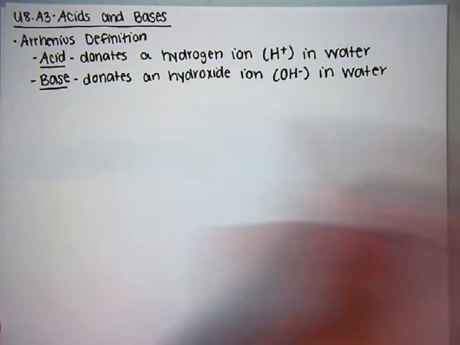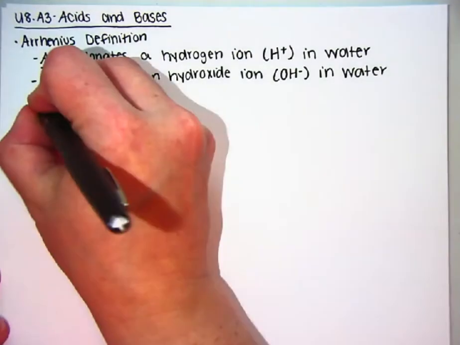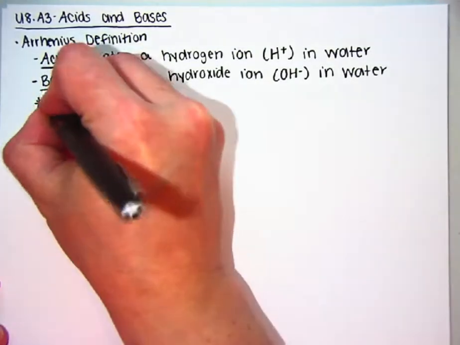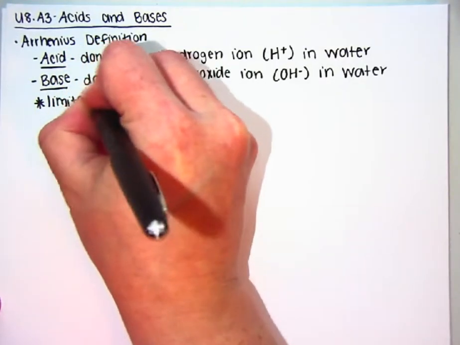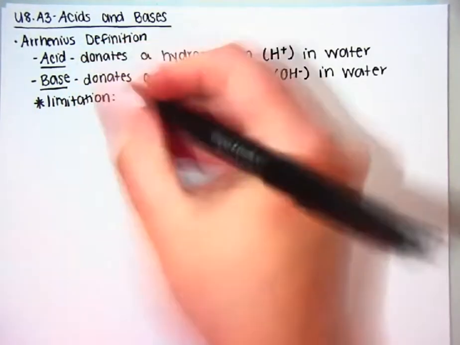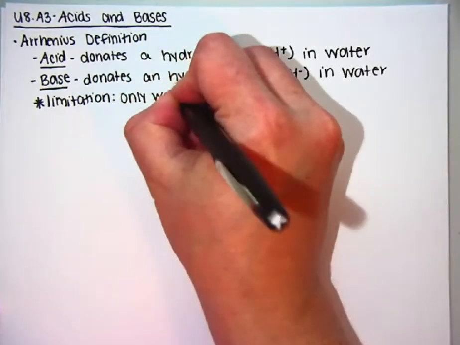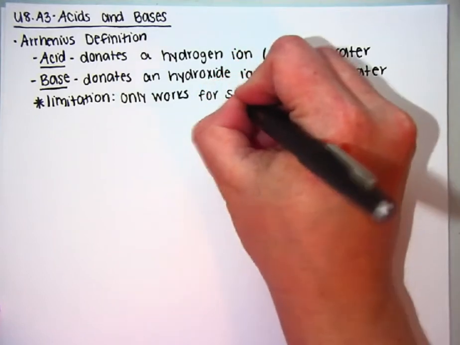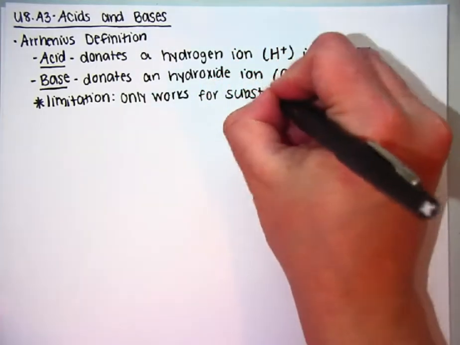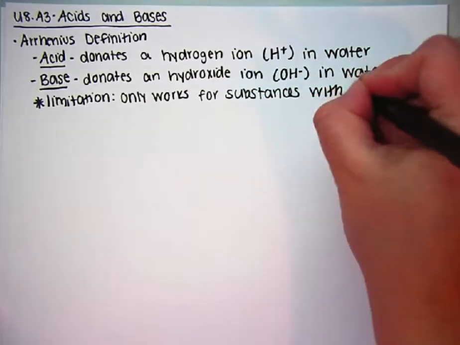So this is actually a pretty good definition. Acids do donate protons or hydrogen ions in water, but there's a limitation to this. This only works for substances with those ions.